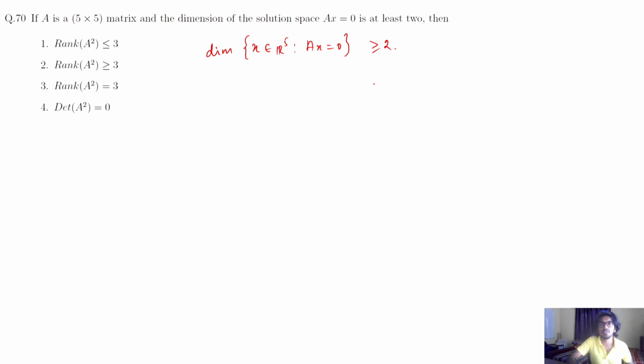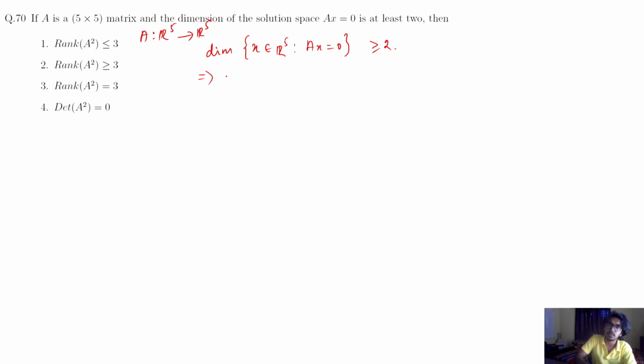This is what they have given, right? How did I come to the conclusion that we are taking it in R^5? Because A is given to be a matrix of order 5 by 5. Therefore, A can be treated as a mapping from R^5 to R^5.